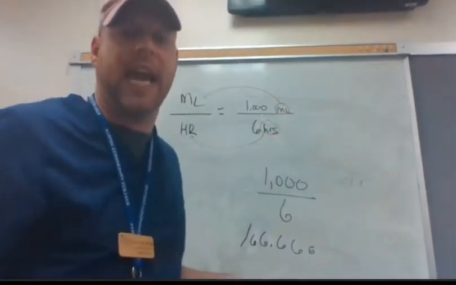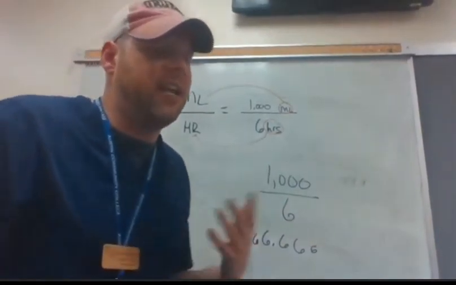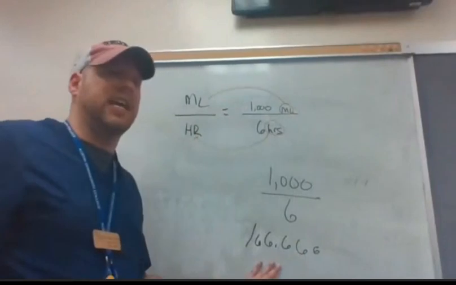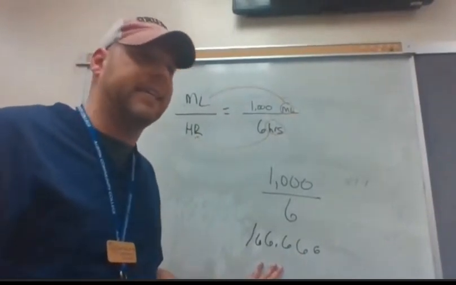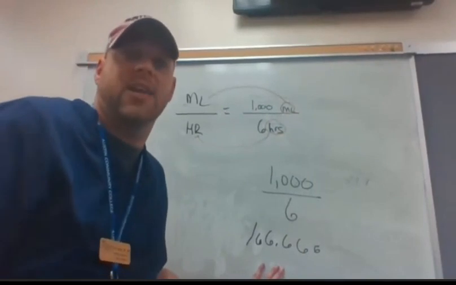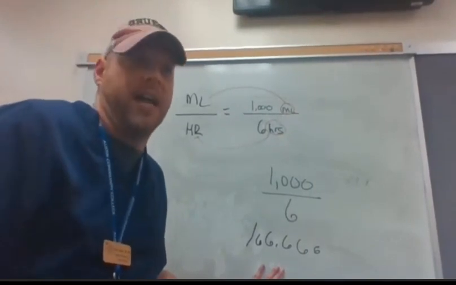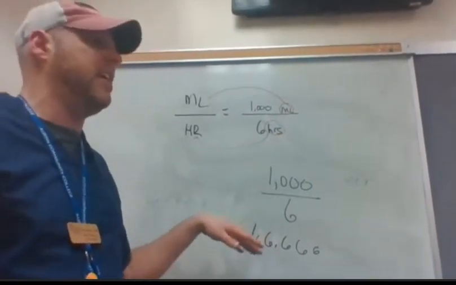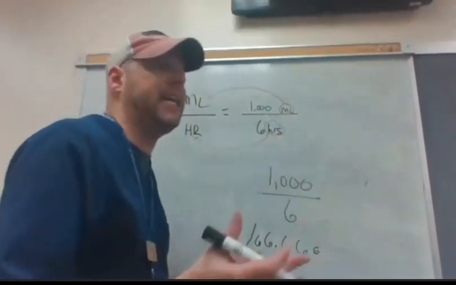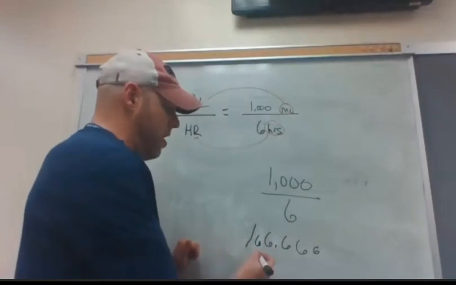166.6667 repeating, okay? So let's just say to ourselves, there's no such thing as 0.666666 of a drop. It's either a drop or it's not, okay? There's no such thing as some of a drop. I either see it or I don't. All right, whole number.